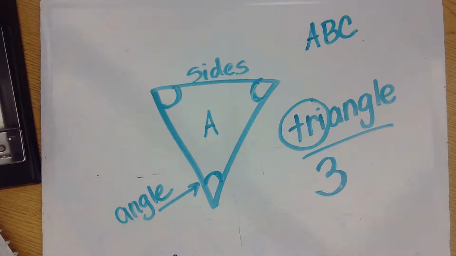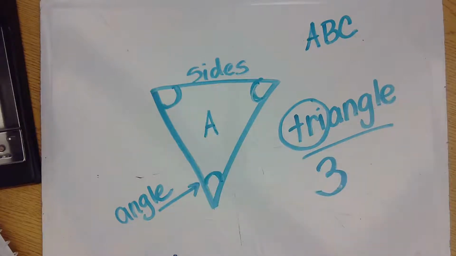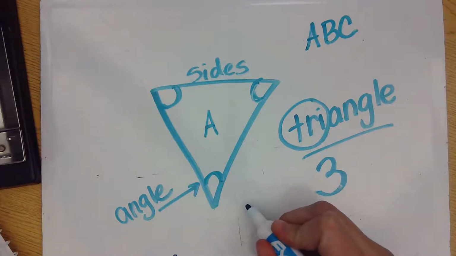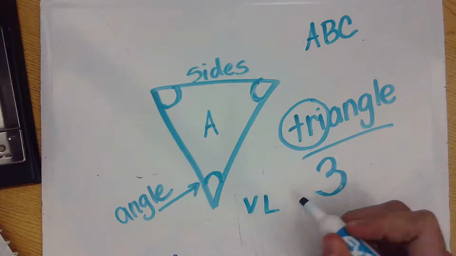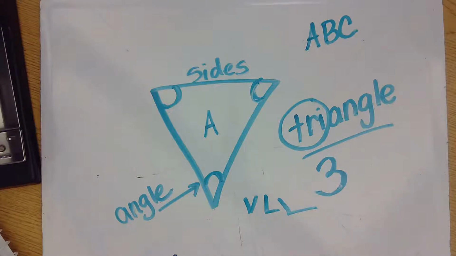So this triangle has three angles. That's what helped someone name the shape. It has three different angles. An angle can look like a V. It can look like an L. It can look really, really open, wide. Angles can be different sizes depending on the shape that you're looking at.